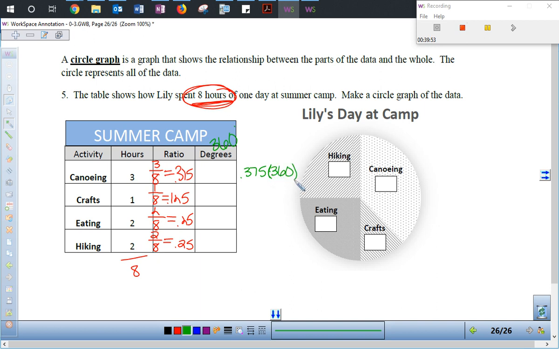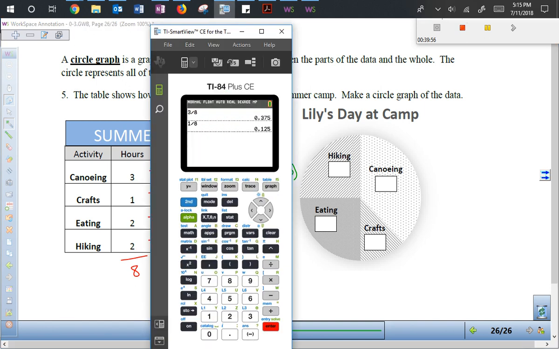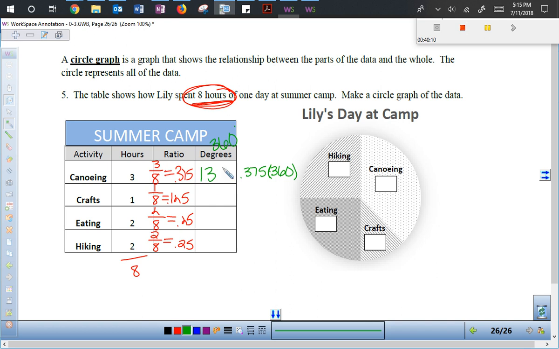So once you've written it there, we can put it into our calculator. 0.375 times 360. And that gives us 135. That means 135 degrees of this circle is going to be, and we need our label there, canoeing.